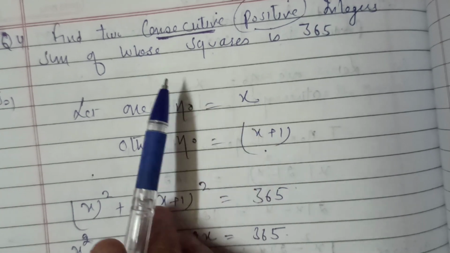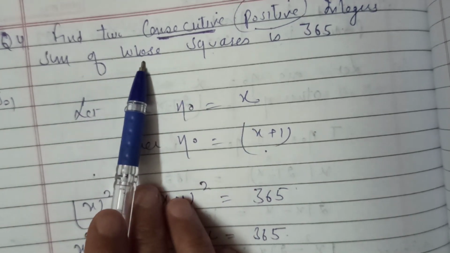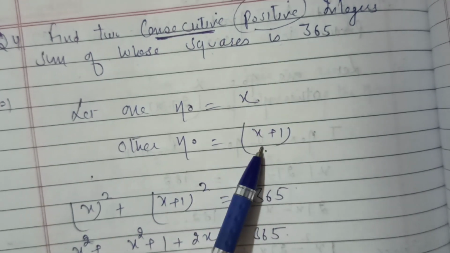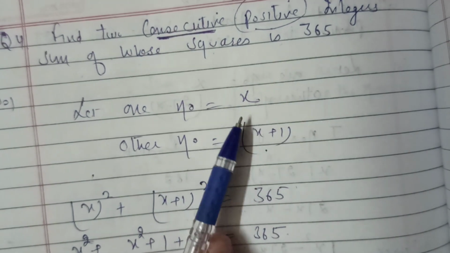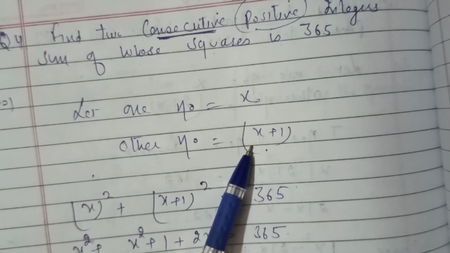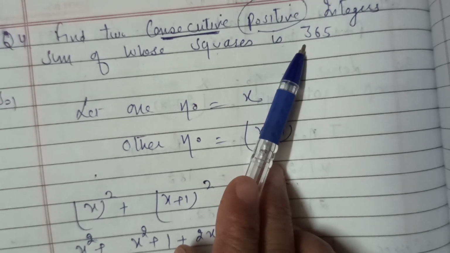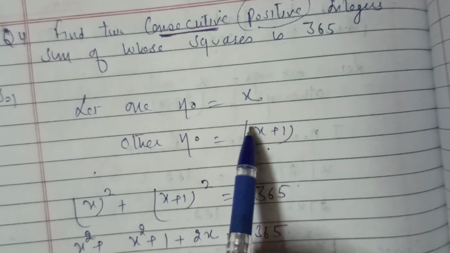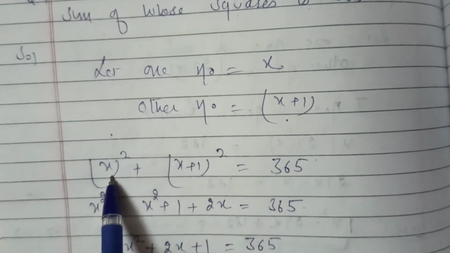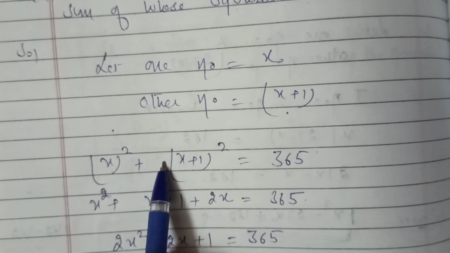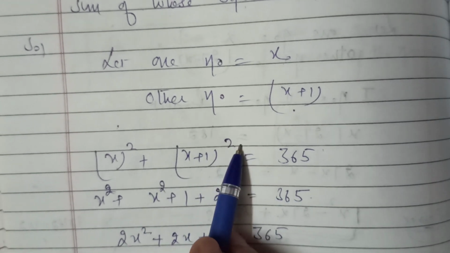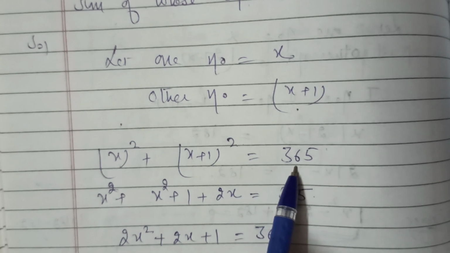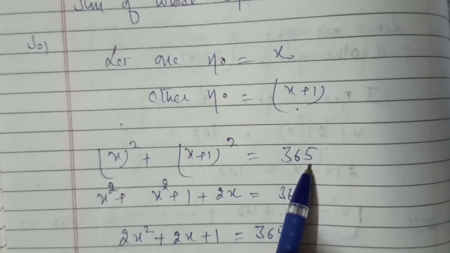Now the statement says the sum of whose squares is 365. That is, the sum of the squares of these two consecutive integers is 365. So x का square plus x plus 1 का square is equal to 365. Is this clear, children?